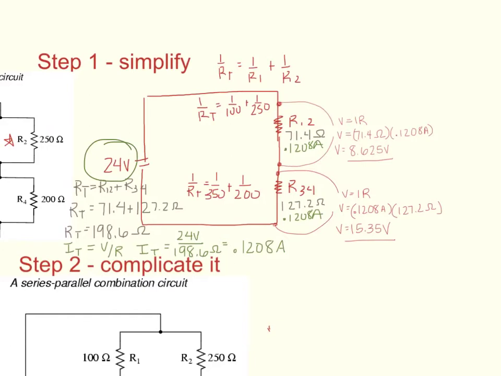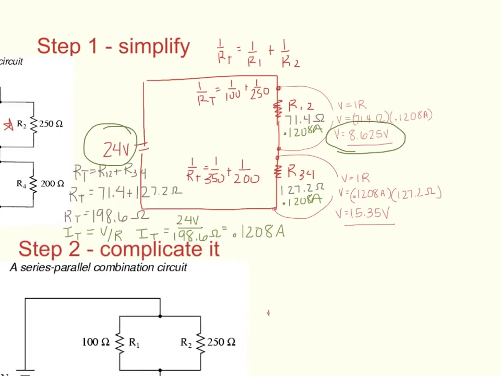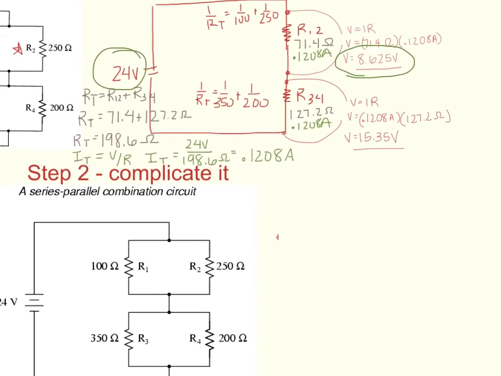Now we can take some of this information and use it. I know how much voltage I dropped over resistors 1 and 2, and I'm going to take this information and move it down. That's going to be the same amount of voltage drop that happens from this spot to this spot.